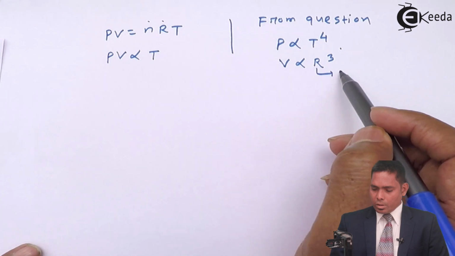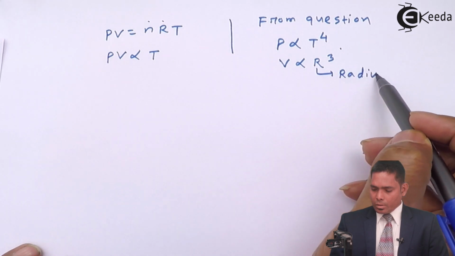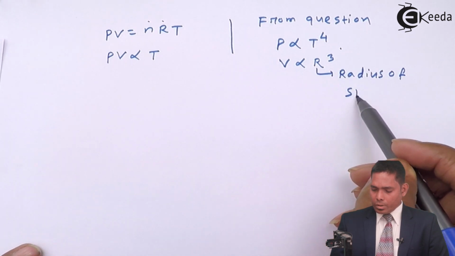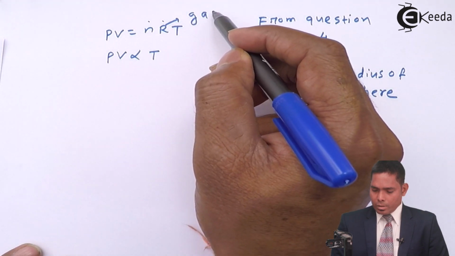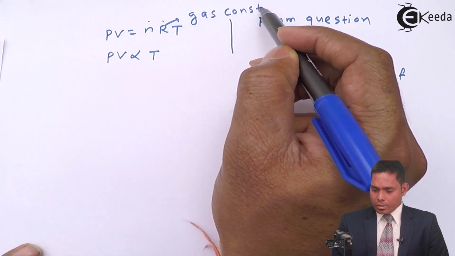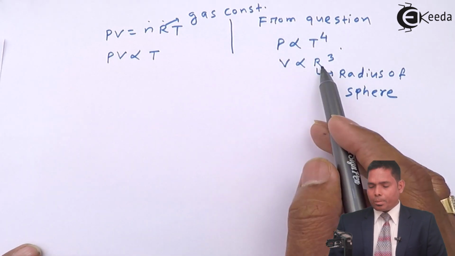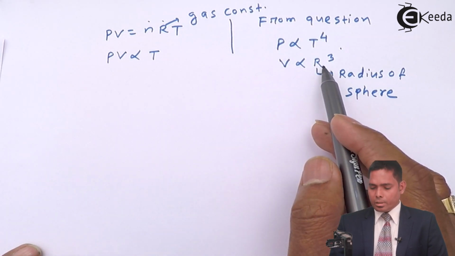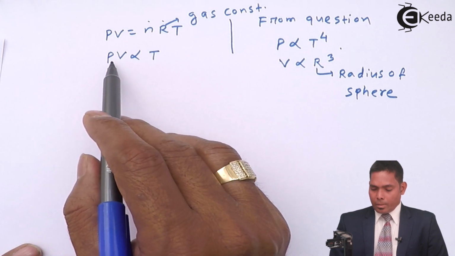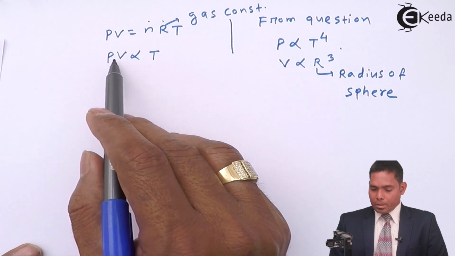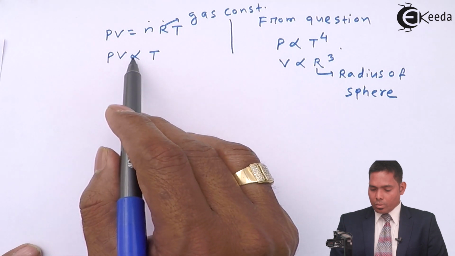This is the radius of the sphere, and this R is the gas constant. The volume is proportional to the cube of the radius, but this is the gas constant, so PV is proportional to T. But P is proportional to T raised to 4.